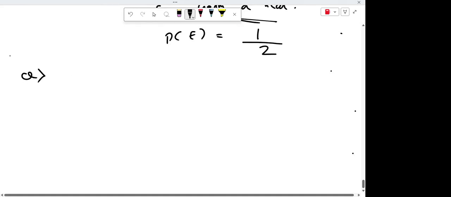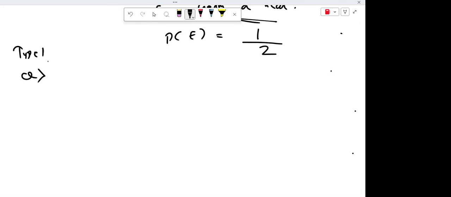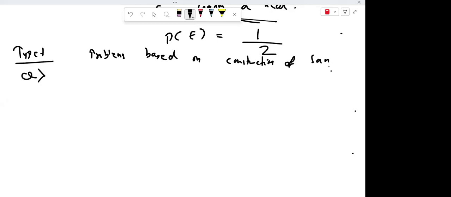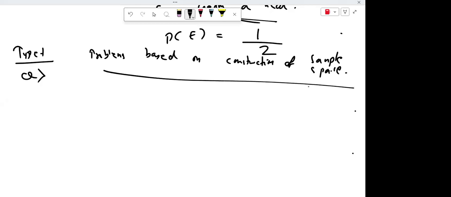Okay, try to solve this question. Type 1. We'll divide the questions into a few types. Problems based on construction of sample space. That means in every question you have to first construct the sample space, then the question is a piece of cake.